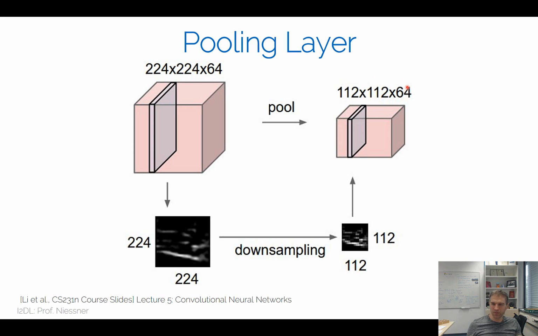So pooling doesn't change the number of feature channels. Pooling just changes the width and the height of our resolution here, right? And we just want to do some downsampling. The question is, how can we do some downsampling here? We'll also see how we can do upsampling, but let's do downsampling first. So we go from 224 to 112 here.